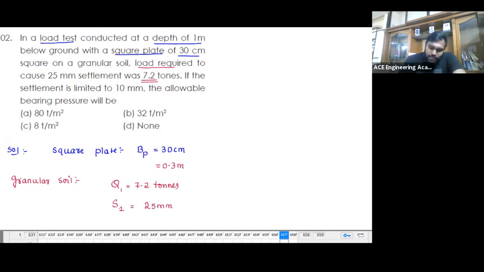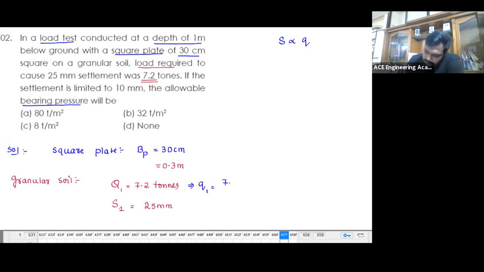If you observe, as the load acting on the soil increases, settlement is going to increase. So the settlement is going to be directly proportional to the pressure you apply. So first for the Q1, which is a load, I have to convert into pressure. They're asking bearing pressure.